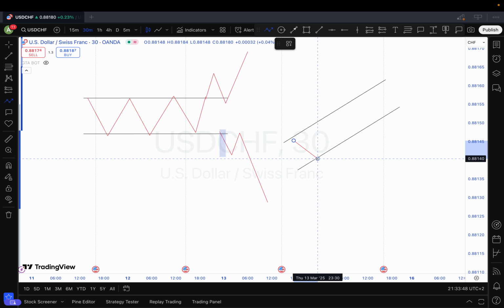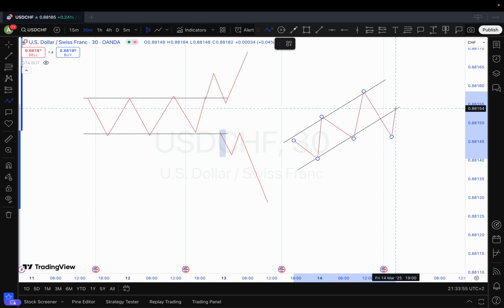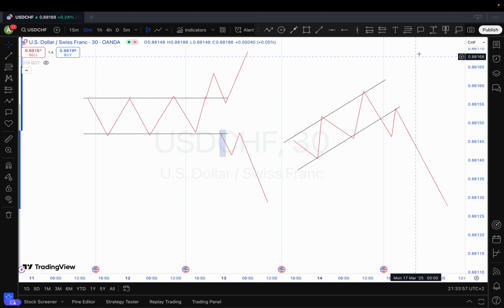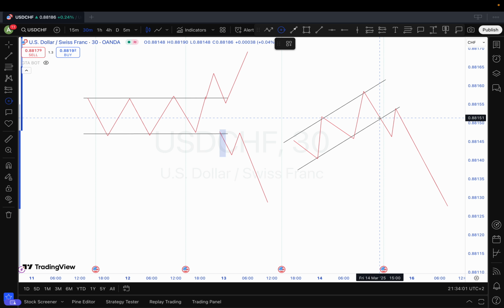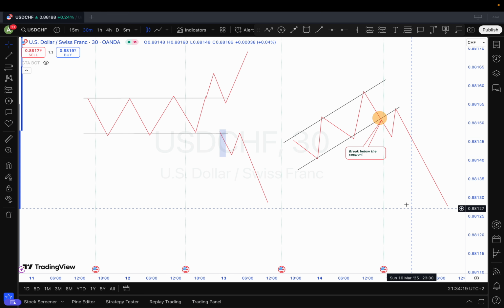So let's say this is a sell trade. Okay, we break below, retest, and then sell. So let's label this out. We have this to be a break below the support.